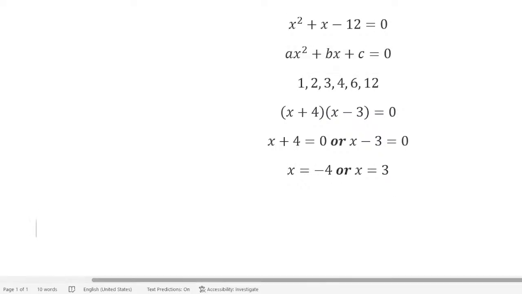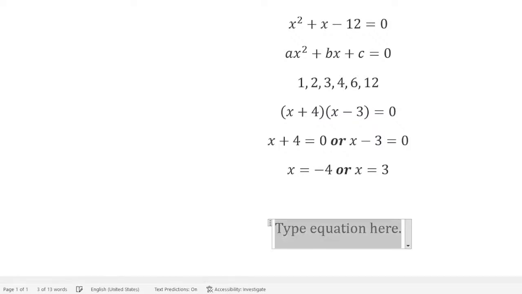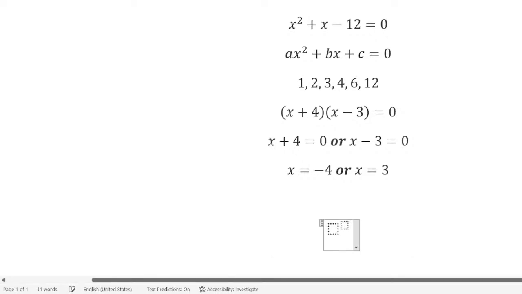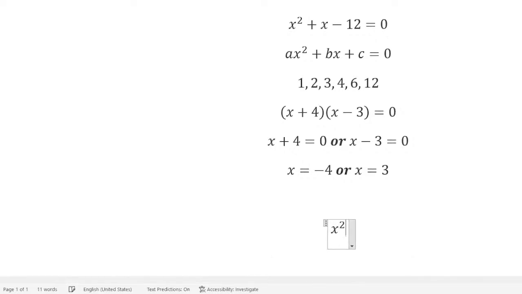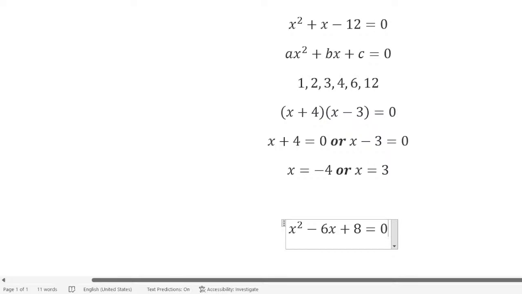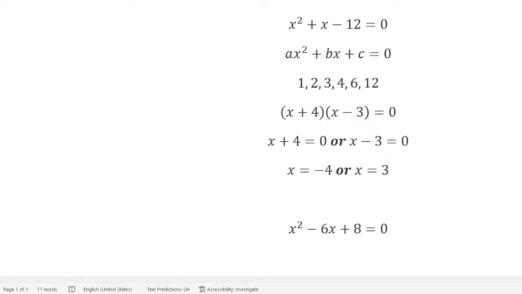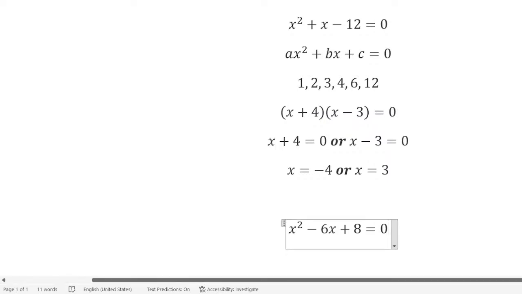So this is just an exercise. Please solve x squared minus 6x plus 8 is equal to 0.